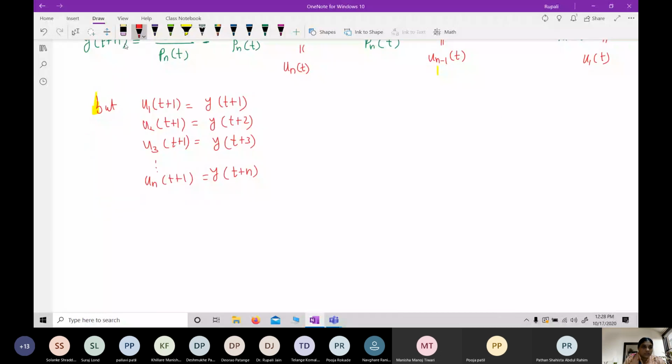Since we have this, we are having u1t is nothing but yt, u2t is nothing but y at t plus 1 by our definition. u3t is nothing but y at t plus 2, and so on.